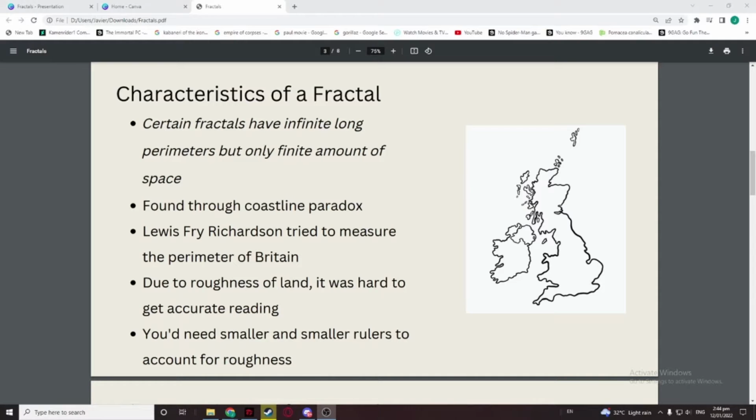For example, in the coastline paradox, which was observed by Lewis Fry Richardson, he tried to measure the perimeter of Britain's coastline. He eventually reached a roadblock because landscapes have natural curves, edges, etc. that make it hard to get an accurate reading. To somewhat alleviate this and account for each and every rough edge, a smaller ruler would be needed.